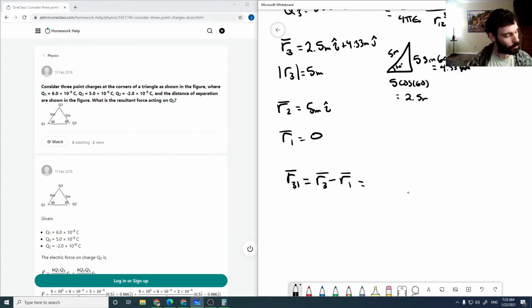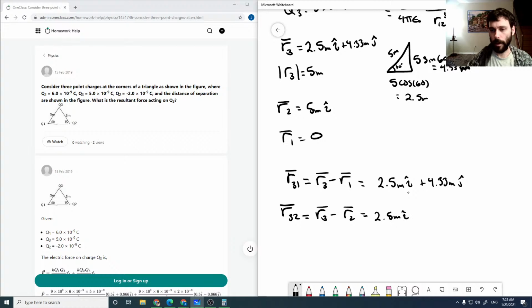And so this is 2.5 meters i hat plus 4.33 meters j hat, minus 0, so that's easy. And then r32, so again pointing in the direction of r3 from r2, is now 2.5 meters i hat plus 4.33 minus 5 meters j hat minus 2.5 meters i hat.